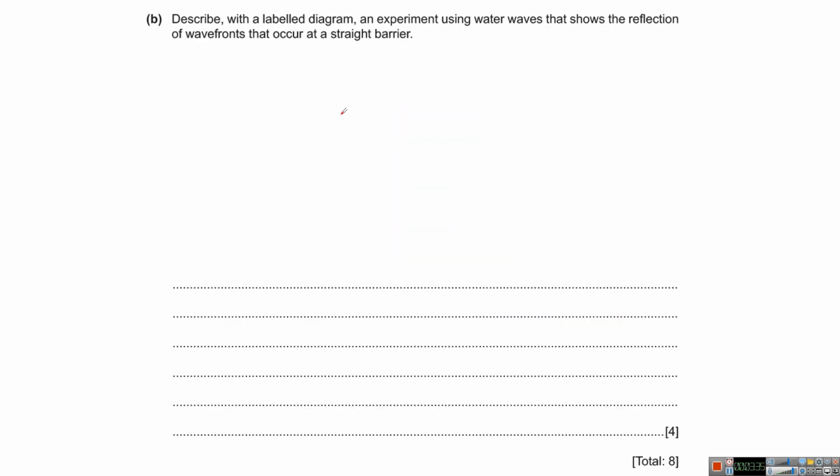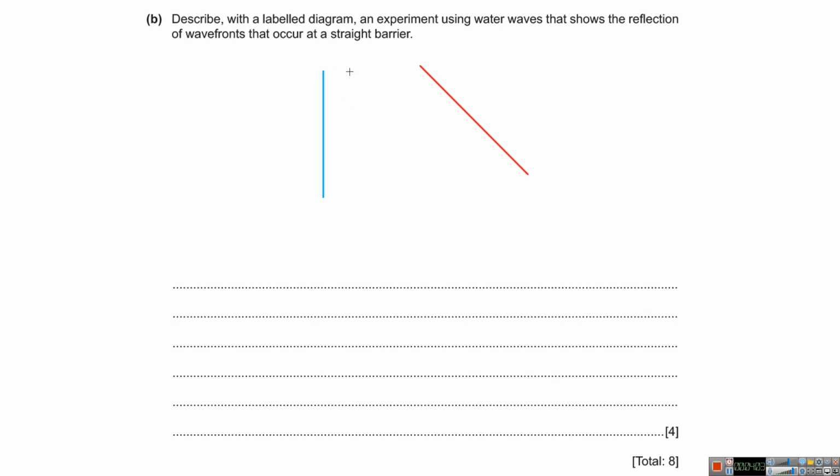Moving on. Describe with a labelled diagram an experiment using water waves that shows the reflection of a wave that occurs at a straight barrier. So I'm going to use this straight line. I'm just going to draw, let's say, this vertical barrier, right? I'm going to change the color to blue to depict what the wavefronts are supposed to be like, right?